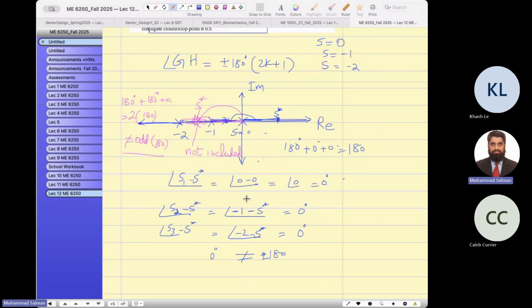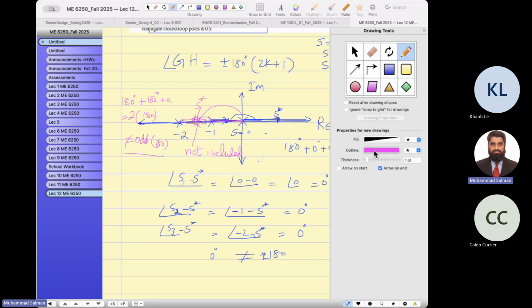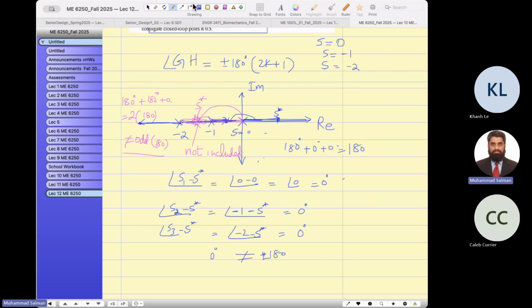Now I'm going to show you with another color the third region, which is away from the last pole. So look over here, I want to test this region. From here to here, 180 degrees, plus from here to here, 180 degrees, plus from here to here, a complete 180 degrees.